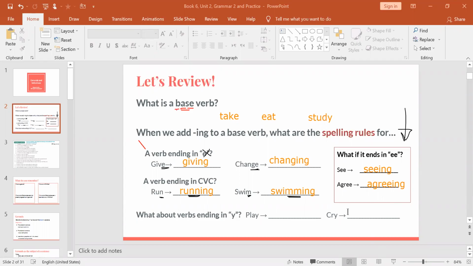Here's something to think about in the last section: what about verbs ending in Y? We have play and we have cry. I'll give you a couple of seconds to tell me how to spell playing and crying. Are there any changes, or do they stay the same?